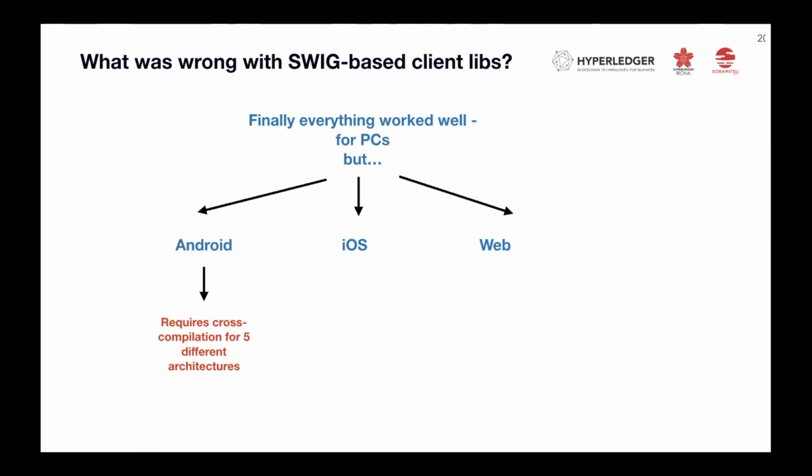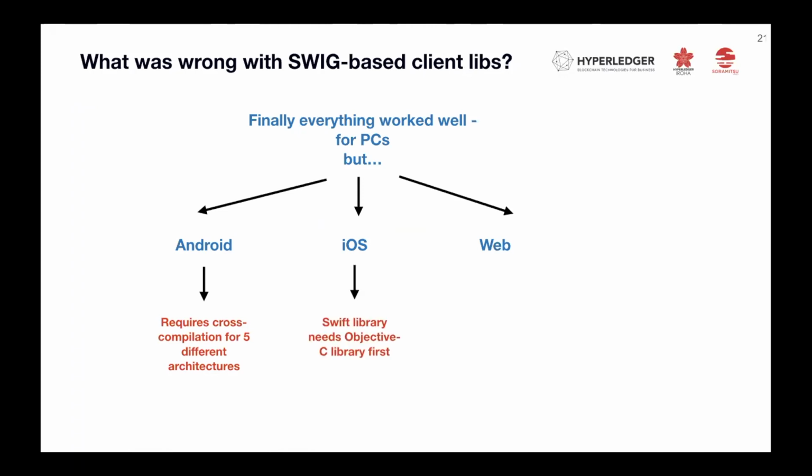To make our libraries work, we have to support versions for 5 different architectures. We have to do cross compilations with the Android Native Development Kit, because our initial C++ library is a native one. It was pretty hard and painful work.